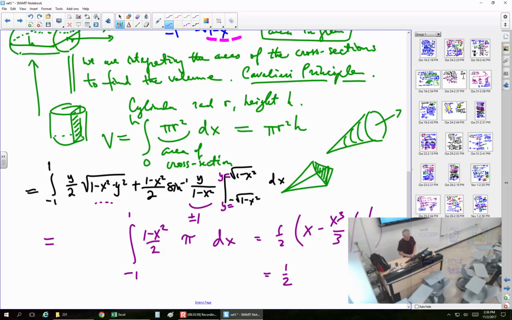It does look reasonable actually. If I plug in, 1 minus 1/3 is 2/3, plus 2/3, so it's 4/3, times pi over 2. I lost my pi here. Where's my pi? Yeah, it worked out, because it's half of the sphere. Remember the answer: 4/3 pi r cubed, the volume of the sphere.